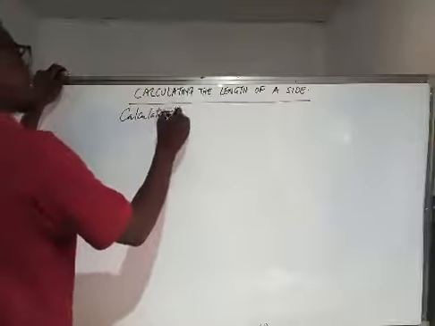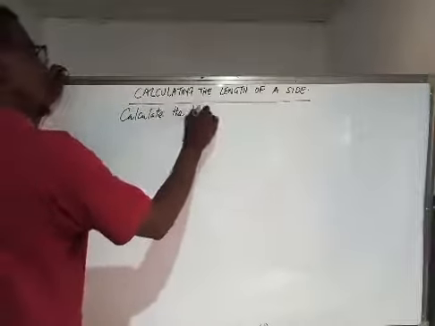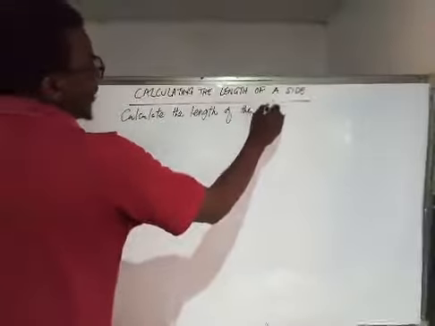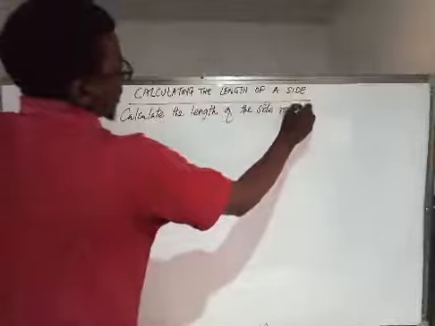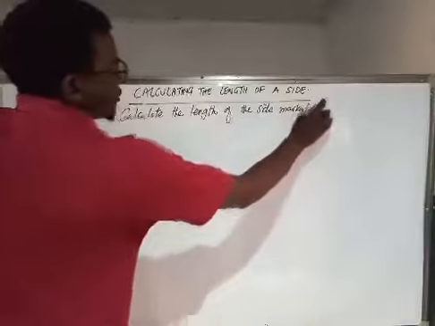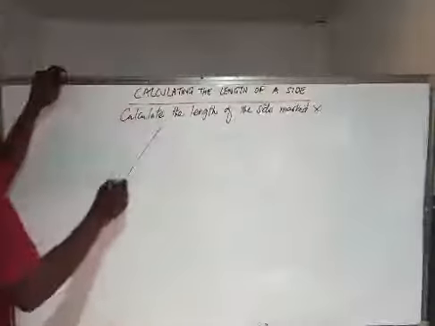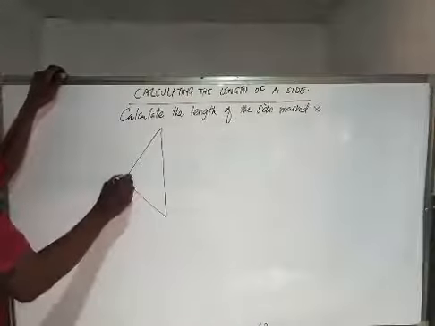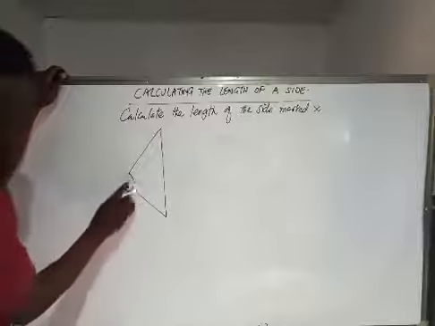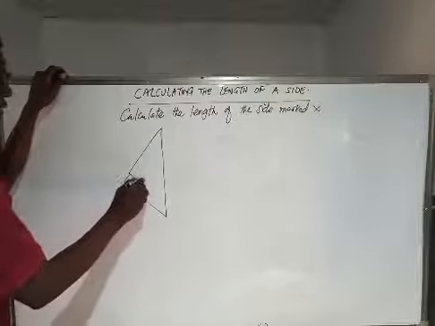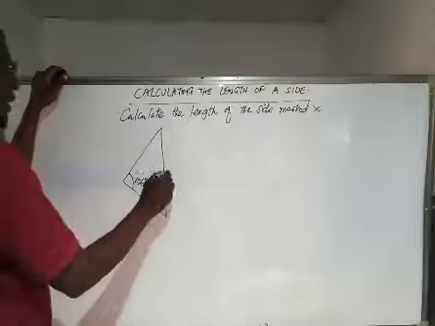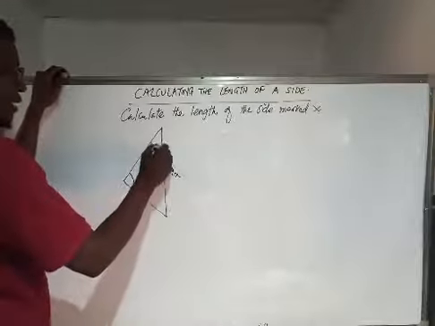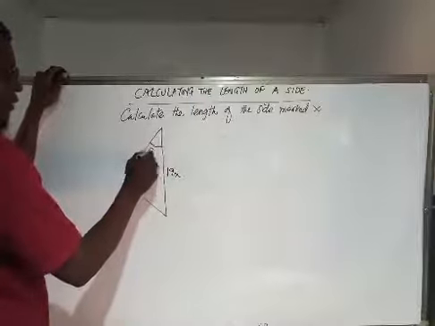Calculate the length of the side marked X. What if I have something like this? I have an angle of 106 here, and here I have 19 meters. I have another angle here, 52.